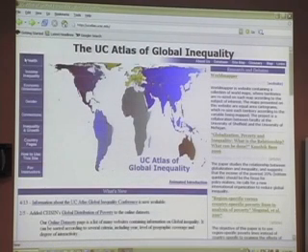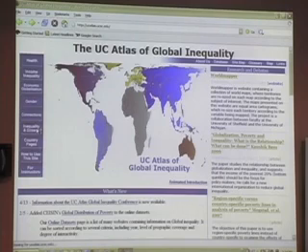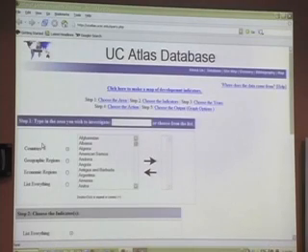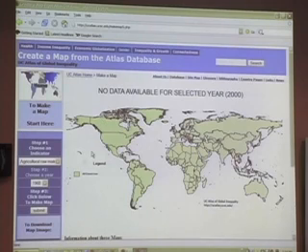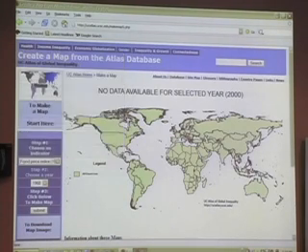Okay, so from the home here, you go to Inequality and Growth. And then you follow the link on main database. And there is a link on the top here to make a map. So let's try an arbitrary indicator now.